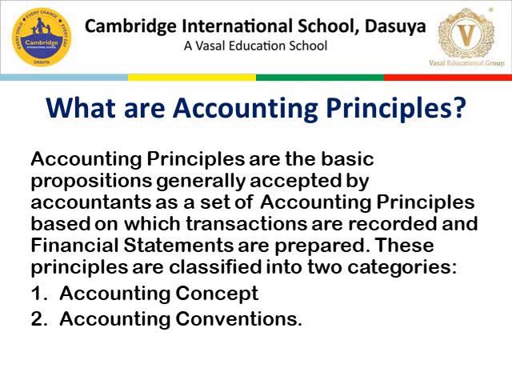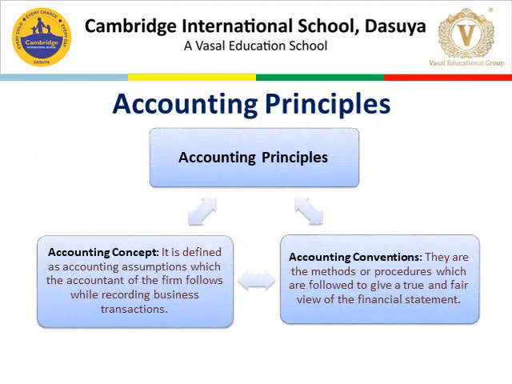These principles are classified into two categories: first, accounting concepts, and second, accounting conventions. So we have understood what are accounting principles. These are universally accepted rules which are followed by accountants in preparing accounts.